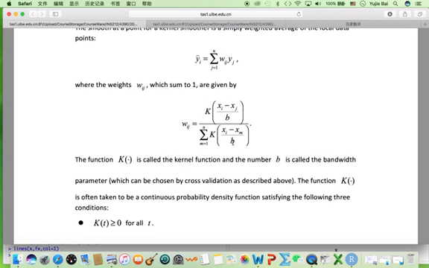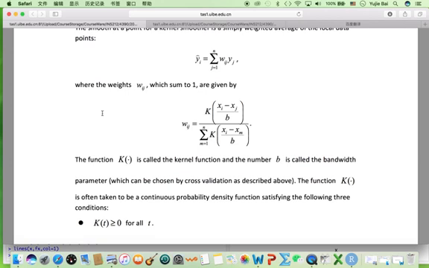So the smaller the B value is, or the smaller the bandwidth value is, the more wiggly the curve is, and the larger the B value is, the more smooth the curve is.